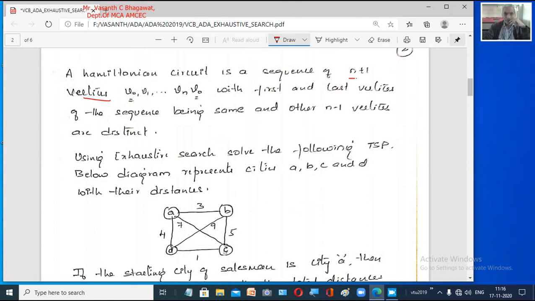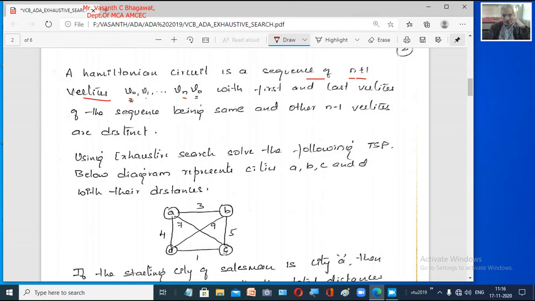A Hamiltonian circuit is a sequence of n plus 1 vertices which can be named v0, v1, v2, and so on up to vn, and then v0 again. You are starting from a vertex v0. The salesman is traveling from a city A and he has to come back to the same city. So you start with the starting vertex v0 and you have to end with the same vertex v0.